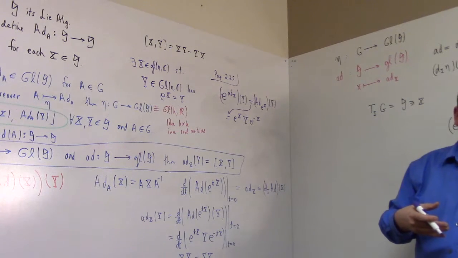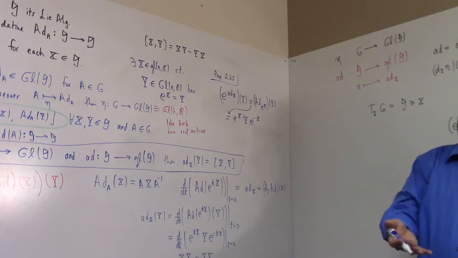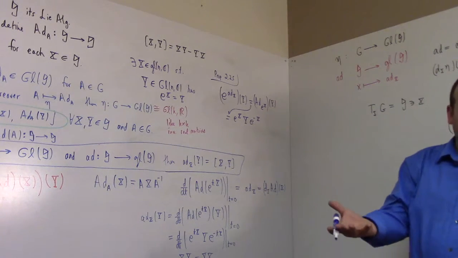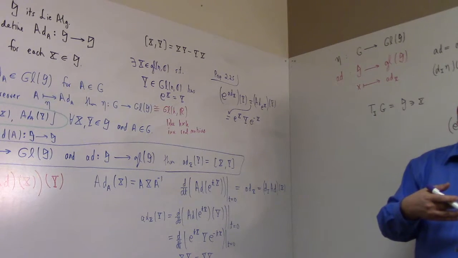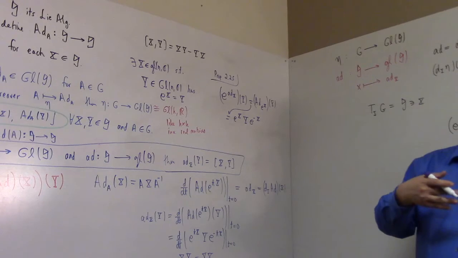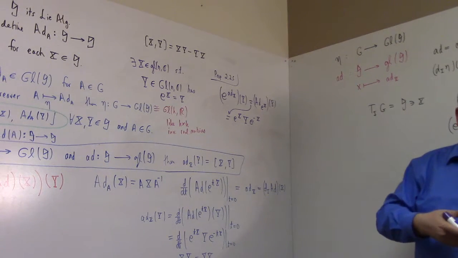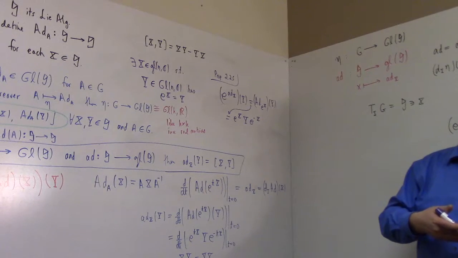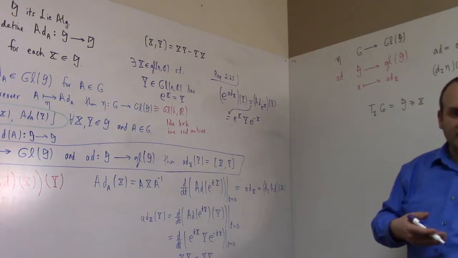Now, if you're sloppy in your thinking, you might say the matrix exponential is a surjection from the Lie algebra to the Lie group. But when we think about the matrix exponential for the Lie algebra, we're restricting it to a subspace of GL(n, C) or GL(n, R), and it doesn't have to be onto.